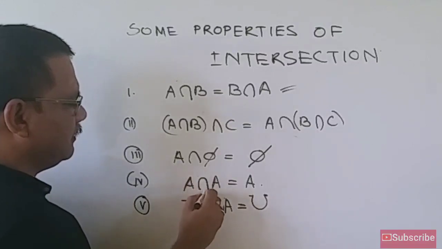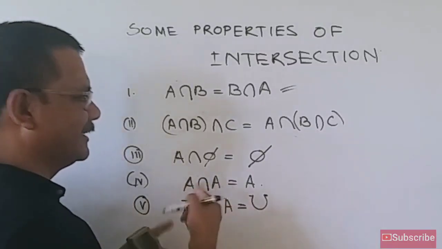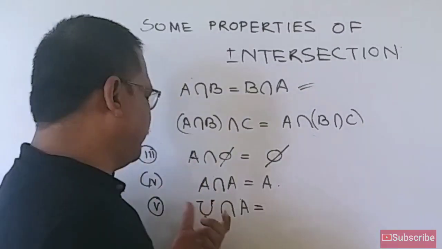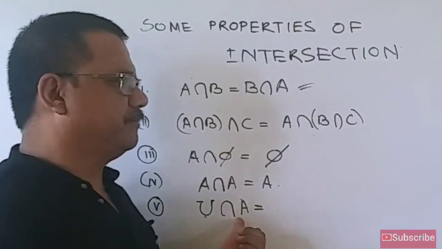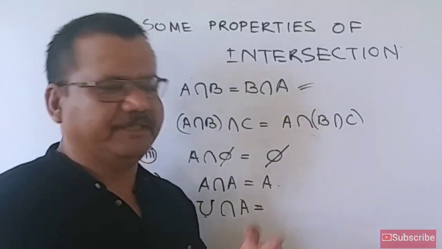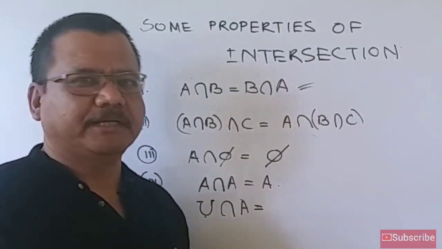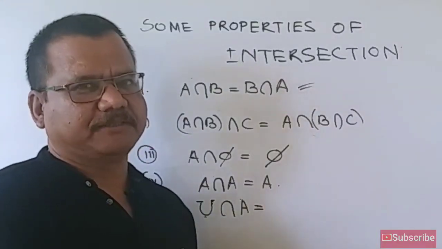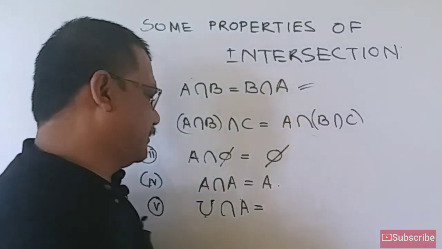Intersection between two sets which are exactly the same, this is okay, fine. And then here, what will be the result of intersection between the universal set and one of its subsets? For example, you can think of India and Assam. What is the intersection part? The intersection part is Assam.